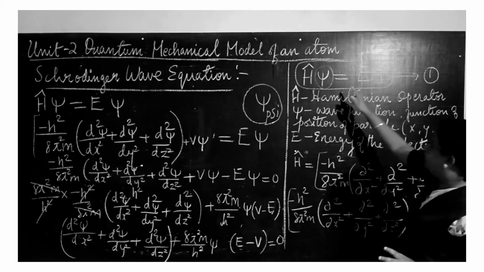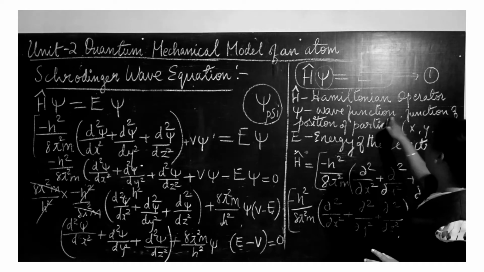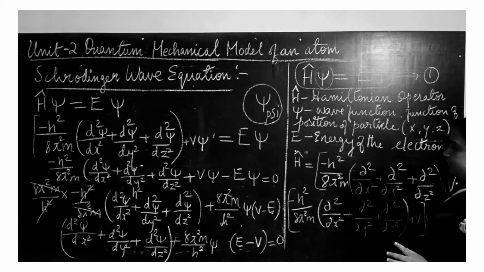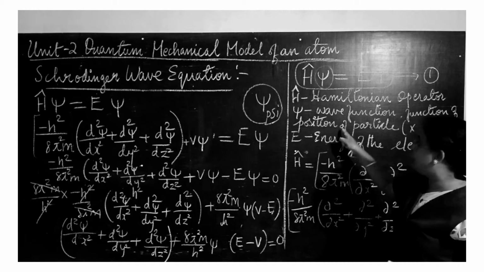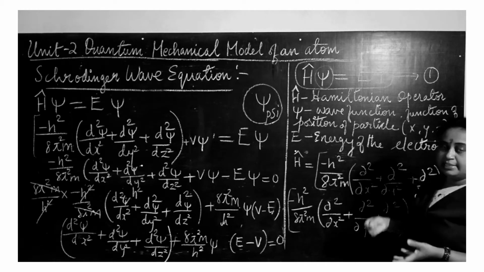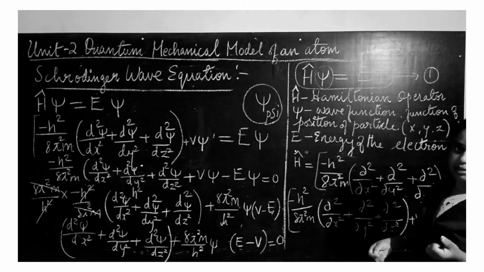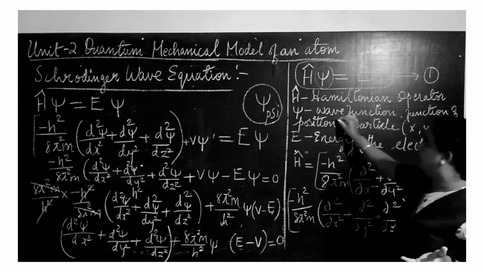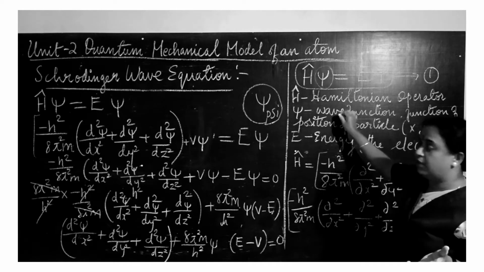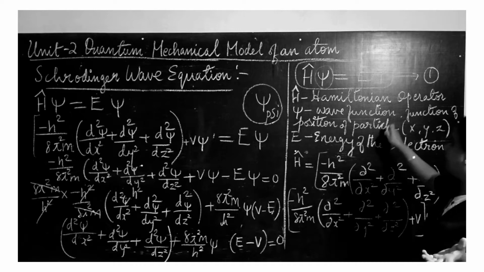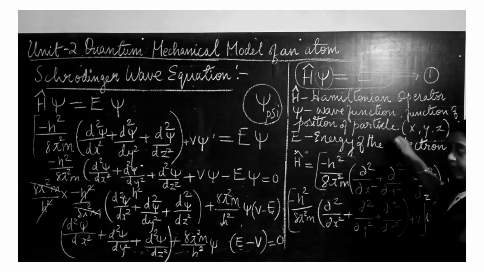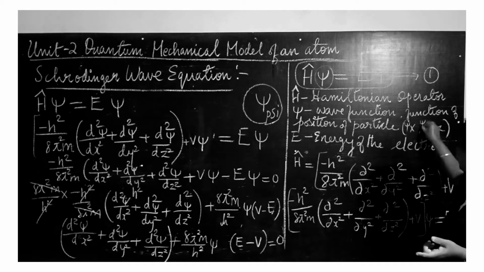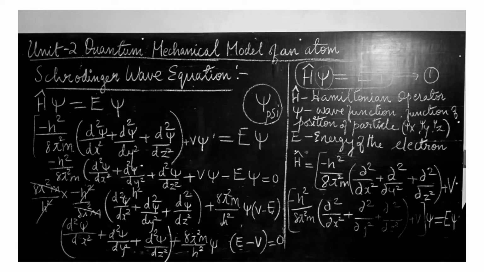Now what is this psi? Psi is a wave function. The wave function acts as a function of the position of a particle; here the particle is the electron, and its position around the nucleus is described by the wave function. It also tells the position of the particle based on the axis: if it is the x-axis, then psi x; if y-axis, psi y; and z-axis, psi z.